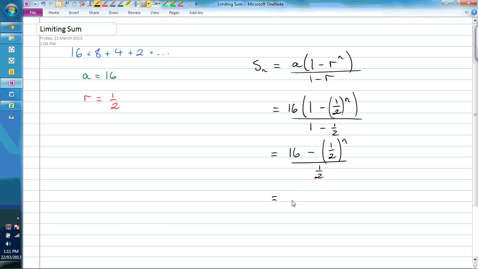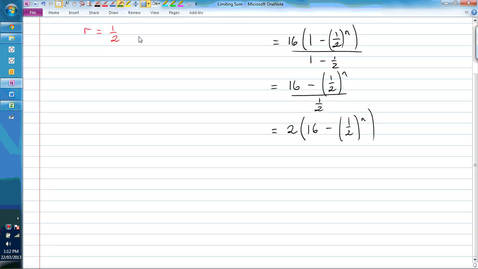Dividing by a half is the same as multiplying by 2. So what I've actually got is 2 lots of 16 minus a half to the power of n. Now what I want us to think about is this little bit here, based on the information that I had before in the last slide that I looked at.